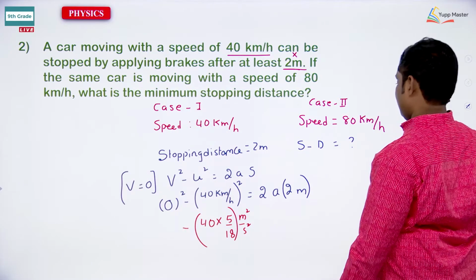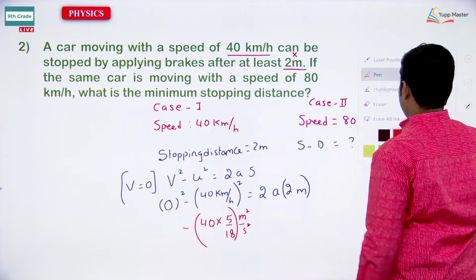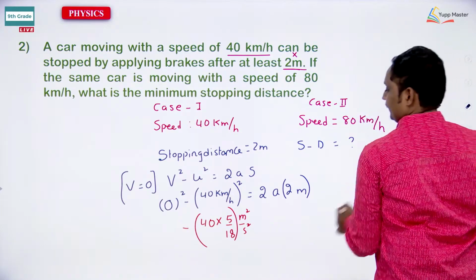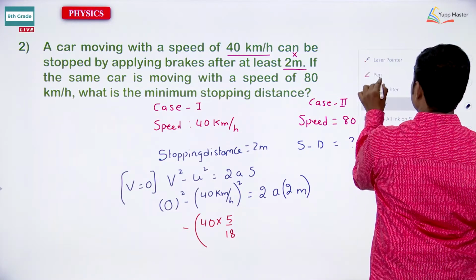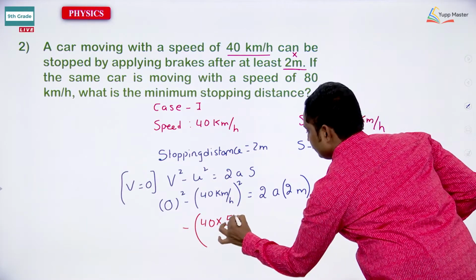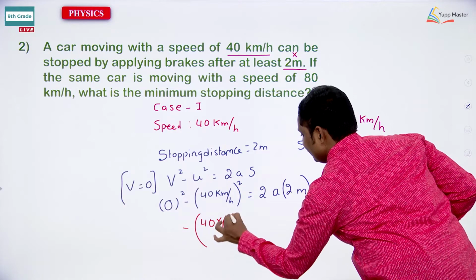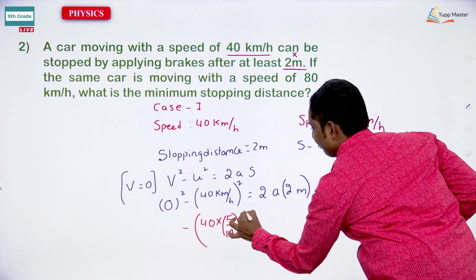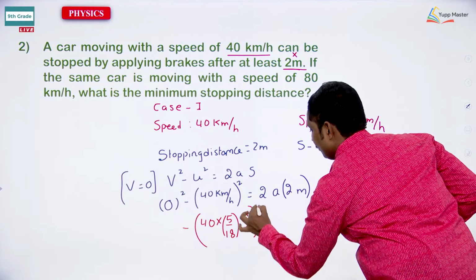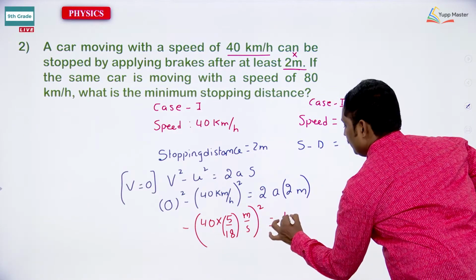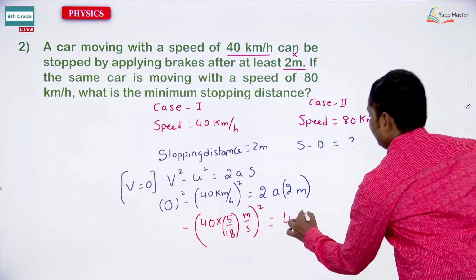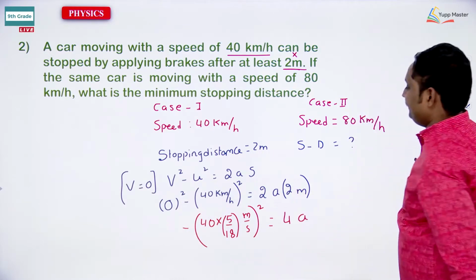We will multiply with 5 by 18 whole square, that is equal to 4 into a, let us assume a.